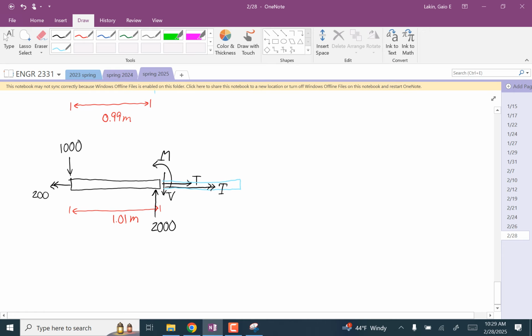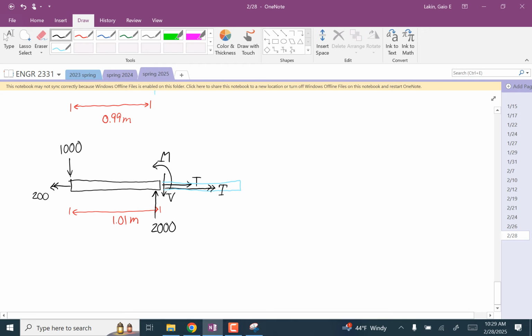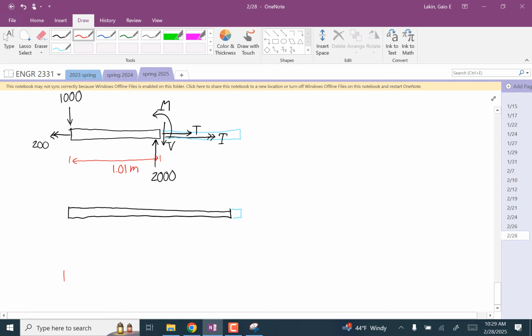And the same thing, we can go all the way to this, where we're leaving off just this last little bit. This length is now 1.99 meters. We still have the 200, the 1,000, the 2,000, and then the internal loads.